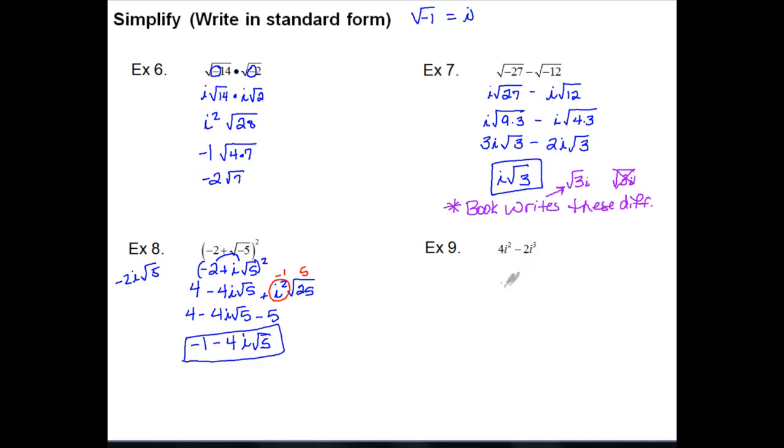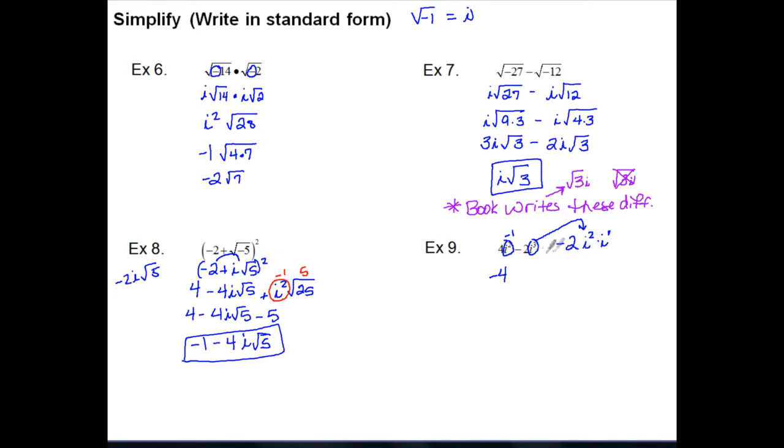And one more in this little section. Alright, 4i squared. i squared is negative 1. So 4 times negative 1 is negative 4. Okay, now look over here. Negative 2 times i cubed, right? Inside i cubed, I have an i squared times an extra i, because if you add those exponents, that gives you 3 i's.